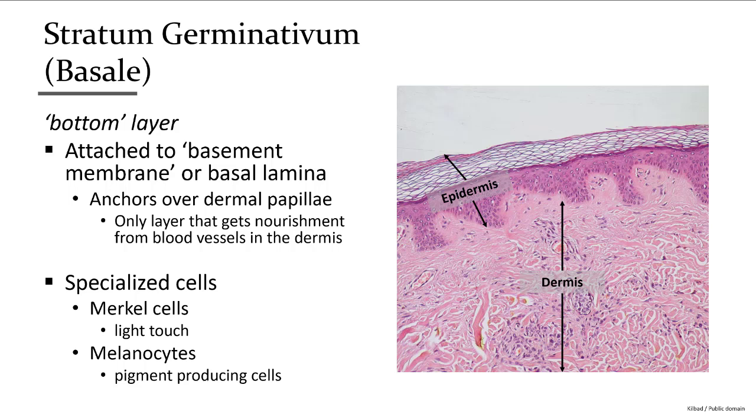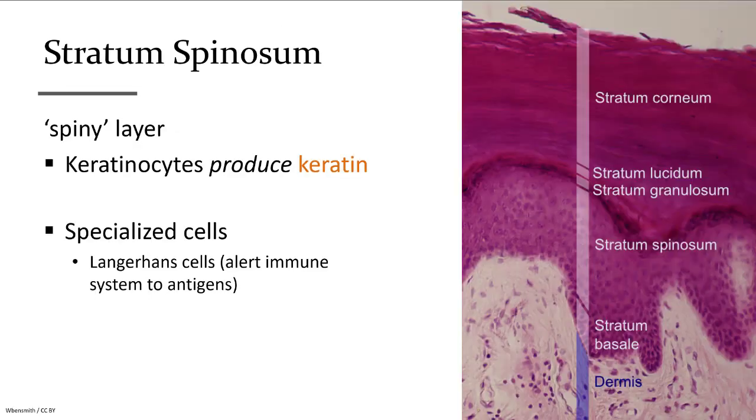So the cells in the stratum basale are a little more plump, and they're actually a little more cuboidal shaped, even though the whole layer of the epidermis is known as stratified squamous epithelial tissue. In this bottom layer, the stratum germinativum, we can also find our melanocytes, as well as some of our nerve cell endings, known as Merkel cells, for our light touch.